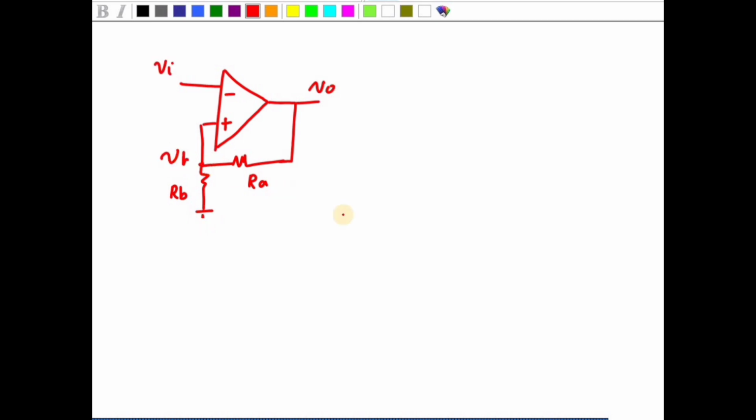In order to find the VB value, VB is nothing but V saturation into RB divided by RA plus RB. Suppose V naught is V saturation, so VB is equal to V saturation into RB divided by RA plus RB.